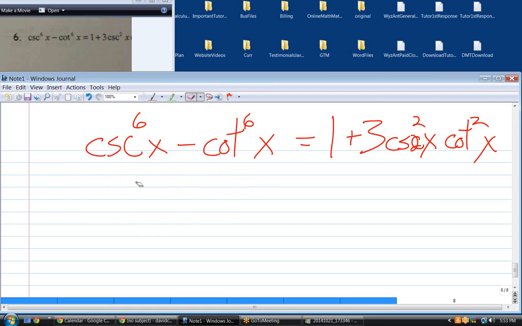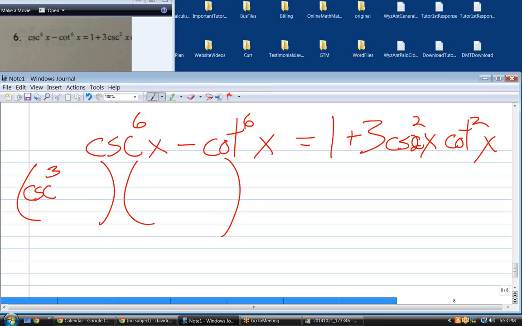So, as sometimes happens, you've got to back up and do it a different way. This time I'm going to treat this as difference of squares, because I'm going to get cubics, but I can work with cubics. So as difference of squares, what is it? Cosecant minus cotangent. Cosecant to what power?